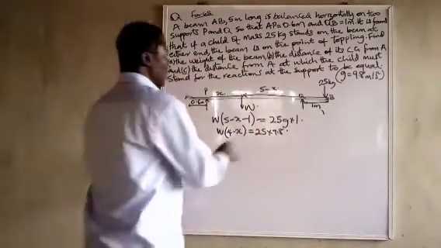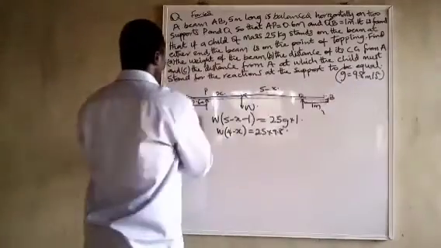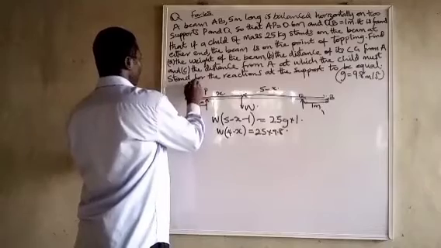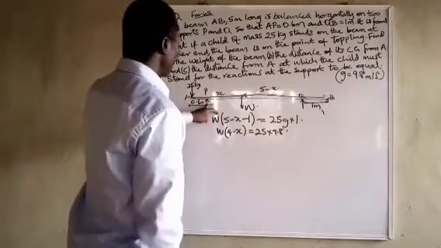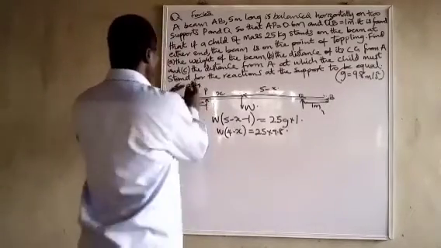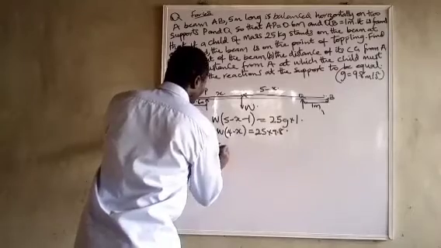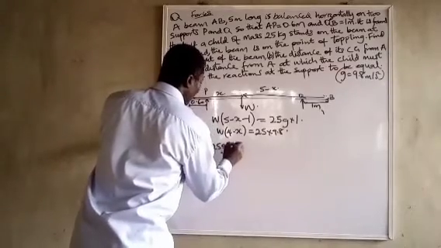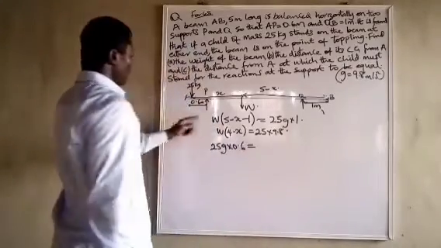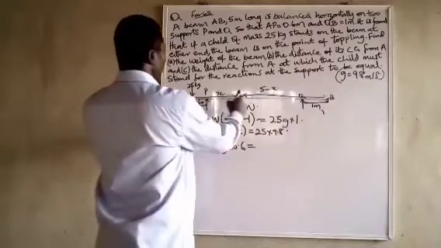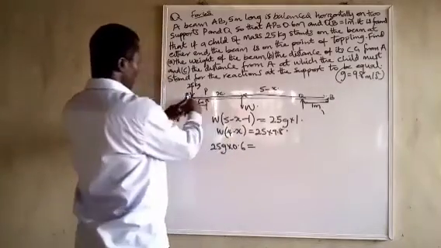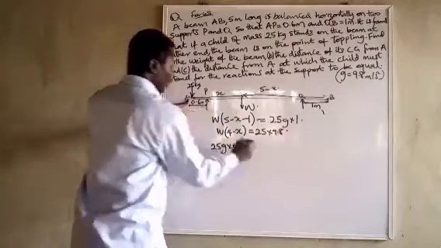Now let's shift this 25 kg baby to this place. So let's take the moment about this place. 25g times 0.6 will be equal to W into x minus 0.6, because the distance from A is x.